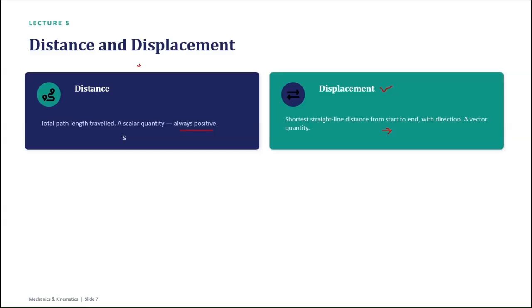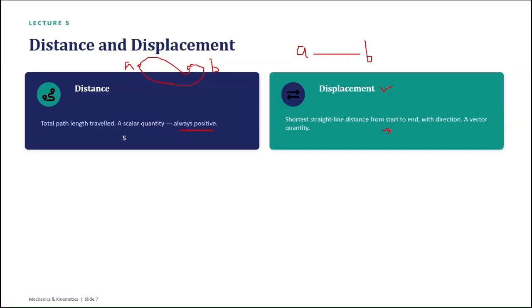Distance was just any path traveled from point A to point B. So this is distance. But displacement will be the shortest distance between two points A and B. It is going to be this in a straight line.